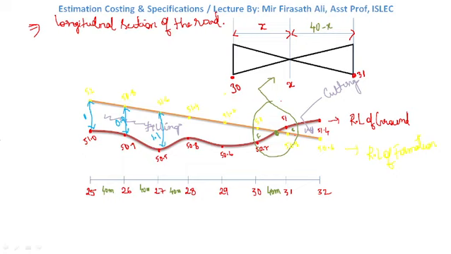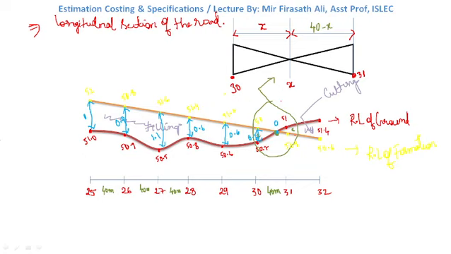Next, after 1.1, our next depth is how much? Subtract these two quantities. Okay, 0.6. This also, subtract these two. It is also 0.6. Subtract these two, it is 0.3. At this point it is how much? 0.